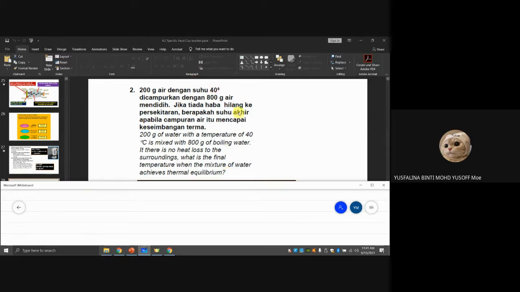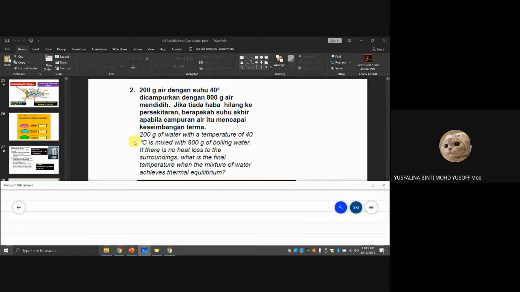For this one, the boiling point is 100 degrees Celsius and this one is 40 degrees Celsius. So you know the heat is transferred from the hot object to the cold object. The heat from the water at 100 degrees Celsius is transferred to the water at 40 degrees Celsius.